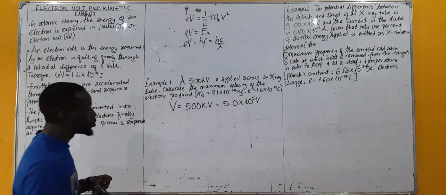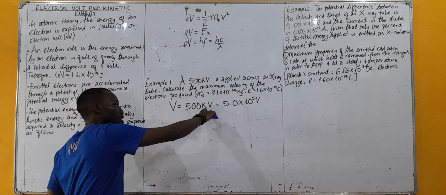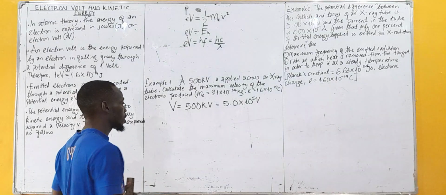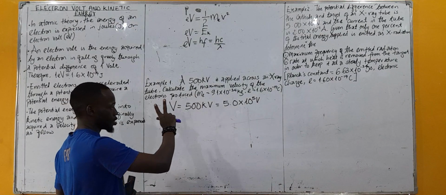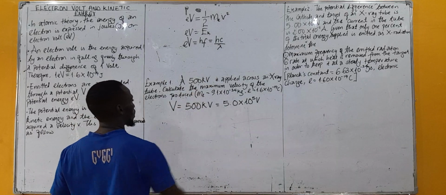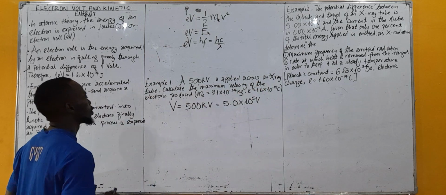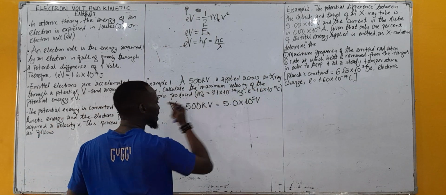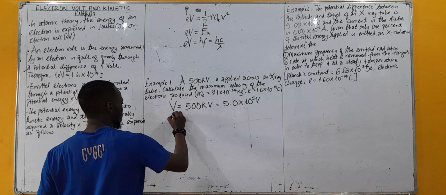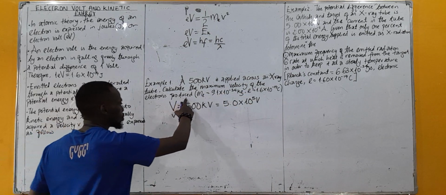If you don't know how to convert, please watch my video on conversion, because kilo is 10 to the power of 3, and I just moved this decimal point two places, so 2 plus 3 is equal to 5. It is applied across an X-ray tube. Now, they said we should calculate the maximum velocity, that's v, of the electron produced.